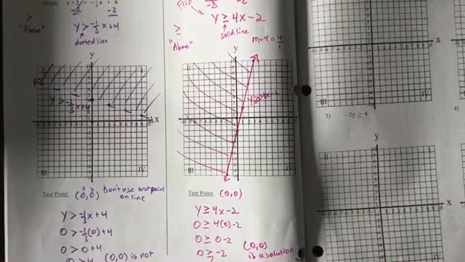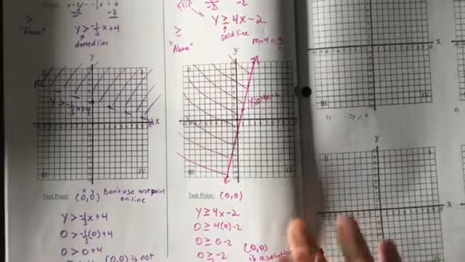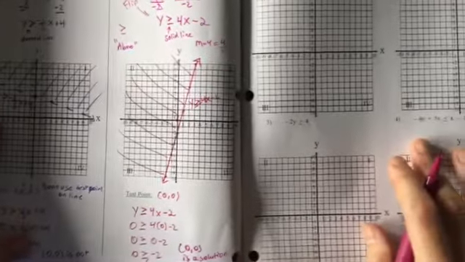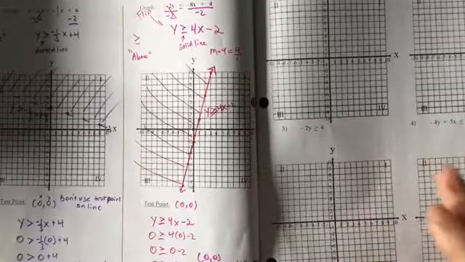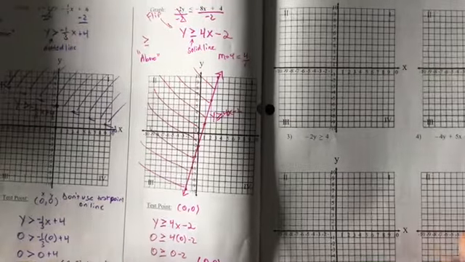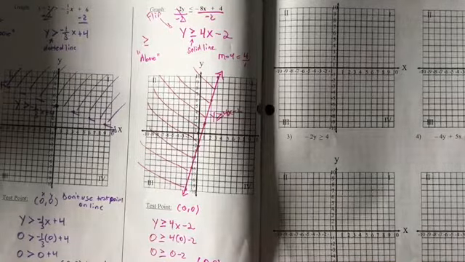We've graphed linear inequalities. Now there's one thing I want to go over that we have not discussed today in our lesson: how do we graph a vertical inequality? I'll use the same coordinate plane.